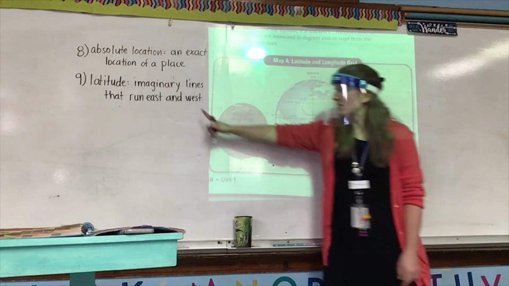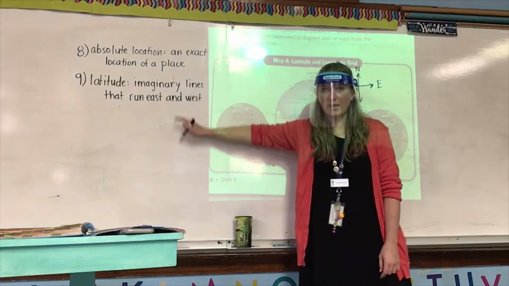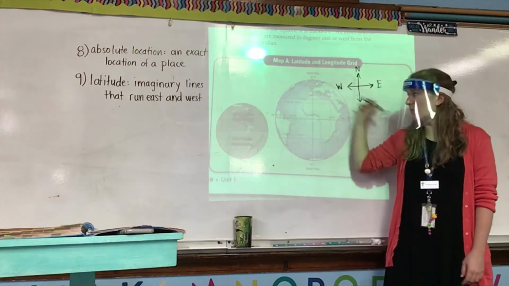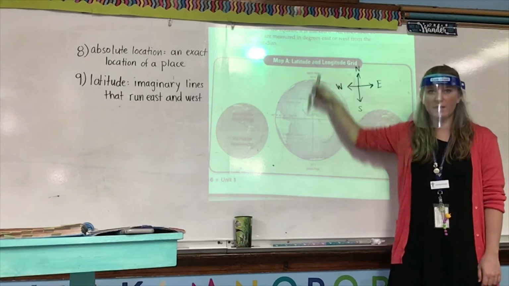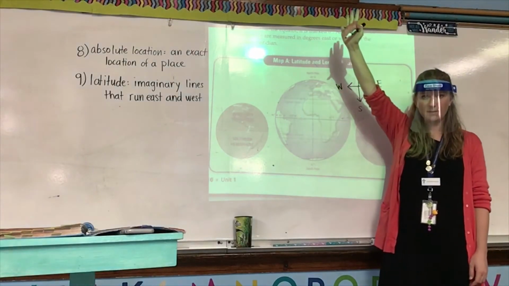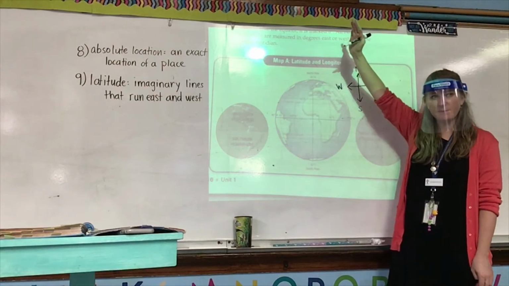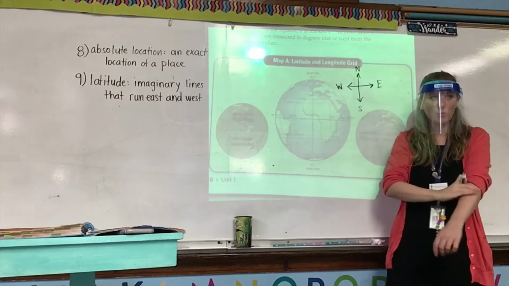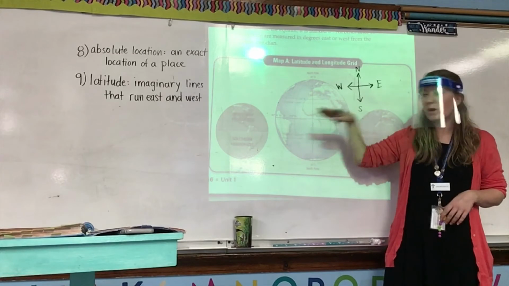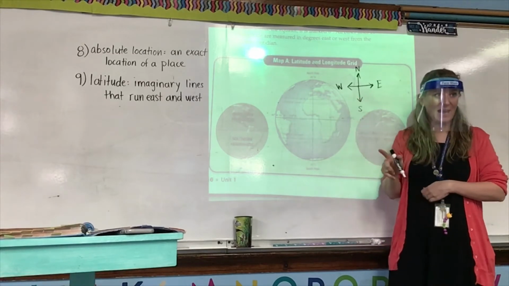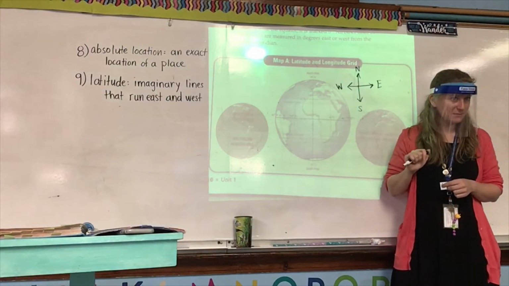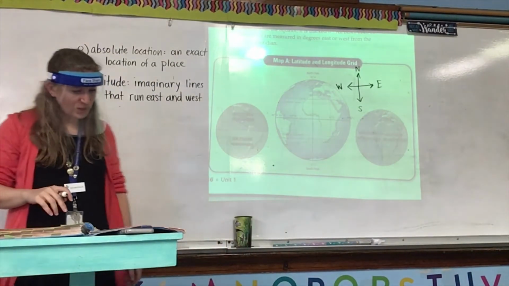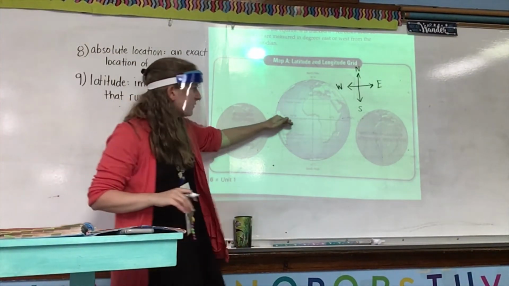So that means if the imaginary lines run east and west, are they the sideways lines on our globe or the up and down lines on our globe? Cullen? The sideways, because they run east and west. Well, east and west is what runs sideways when we look at a compass rose like this. We know the equator runs from east and west.